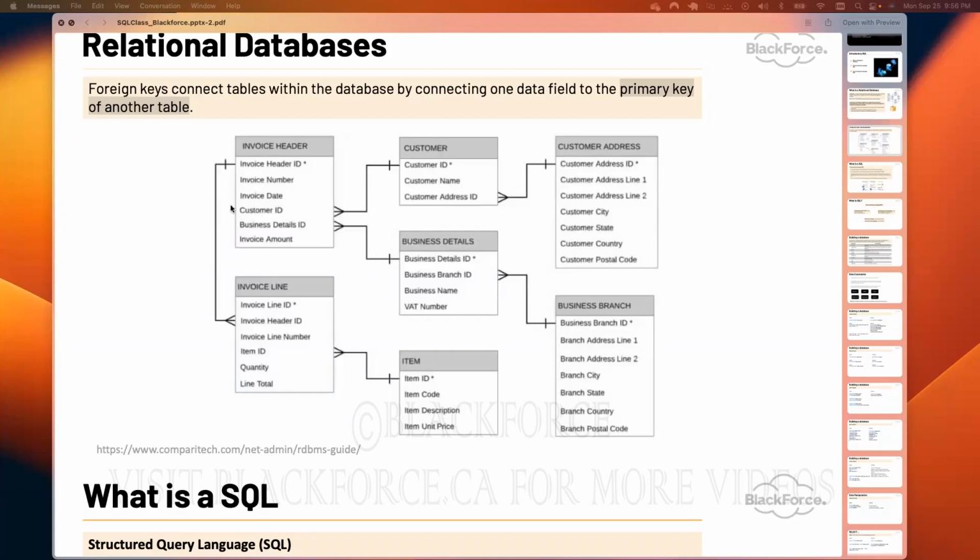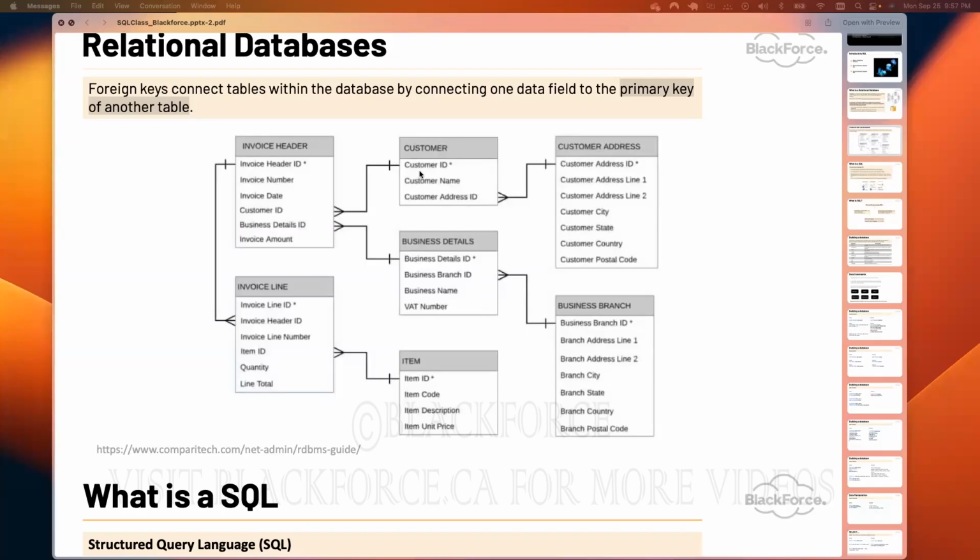So remember, in terms of primary key versus foreign key, the primary key is just the unique identifier of the row in a table. The foreign key is another column in the table that is the primary key of another table, and it helps you connect to that table. So let's look at the schema before us as a typical example. Look at, for example, the customer table and customer address.